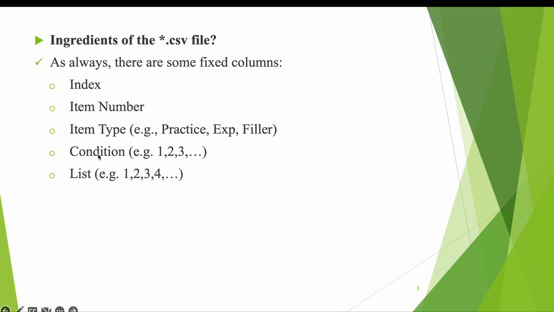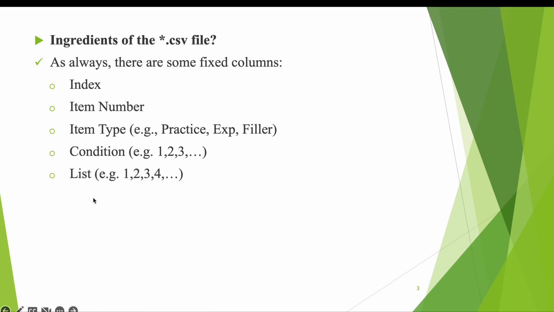We usually code our conditions, for example, condition 1, condition 2, condition 3, so you'd better have it in your Excel file. And then you should also have the number of lists, because in this study, for example, we had 4 lists. And then you'd better have a column which specifies which list you have used for this specific participant.